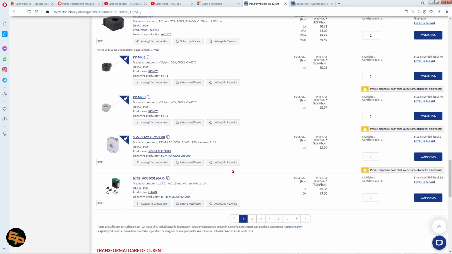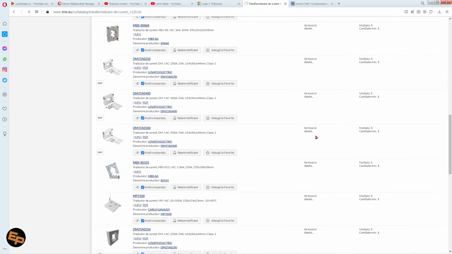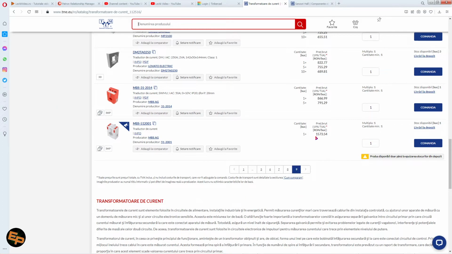Within a single page of 20 products, we can clearly see about 11 euros for a single piece of such a current transformer, and of course the prices go up, and you can even have to pay something like 300 euros or more for the absolute best that they have.